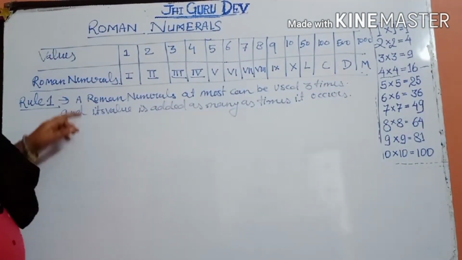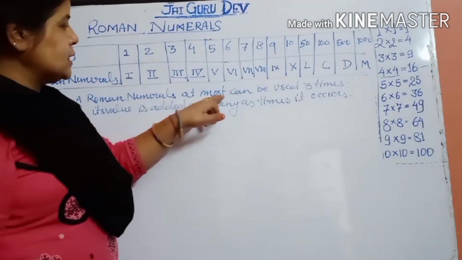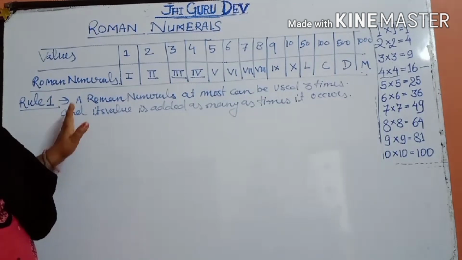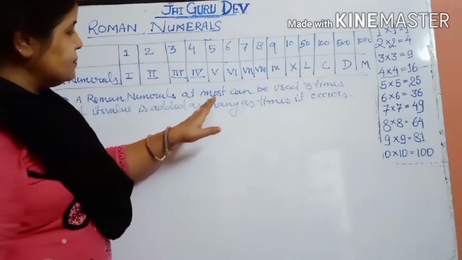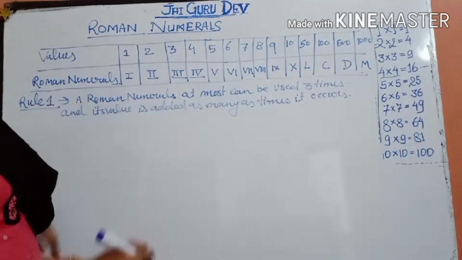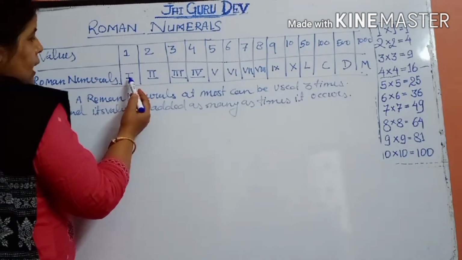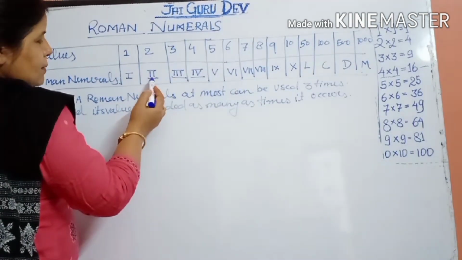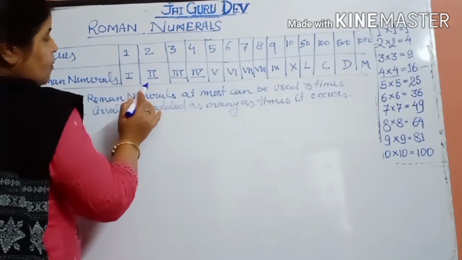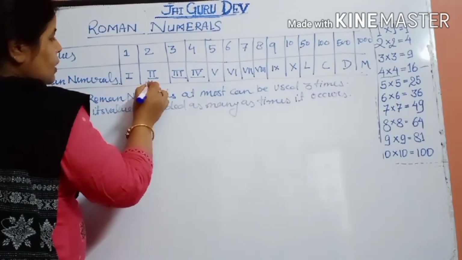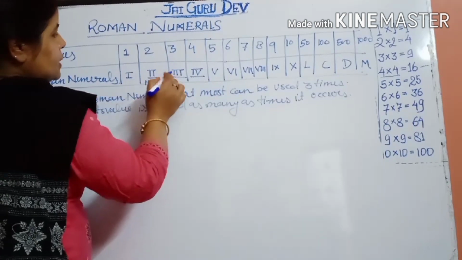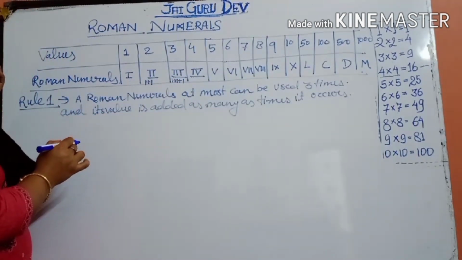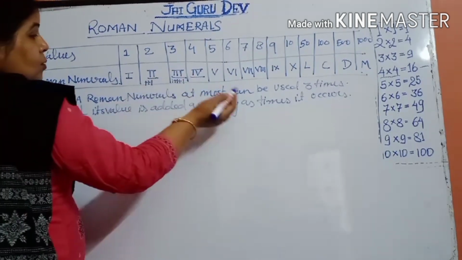Not more than 3 times can we use it. For that you can see that for 1 we have used I, for 2 we have used 2 I, means 1 plus 1, it will become 2. Here 3 I means 1 plus 1 plus 1, it will become 3. In this way, and not more than that.